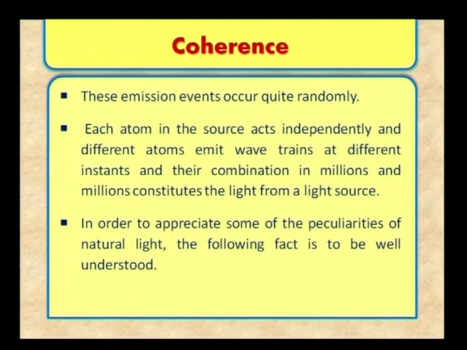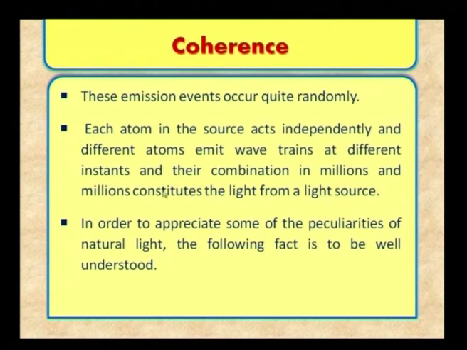If the events occur simultaneously, that is a laser, the stimulated emission of radiation. Here the events are taking place independently. Each atom in the source acts independently, and different atoms emit wave trains at different instants, and their combination in millions and millions constitutes the light coming from a light source.